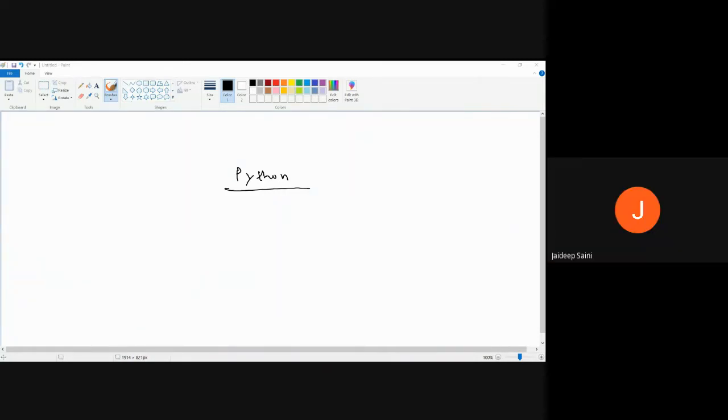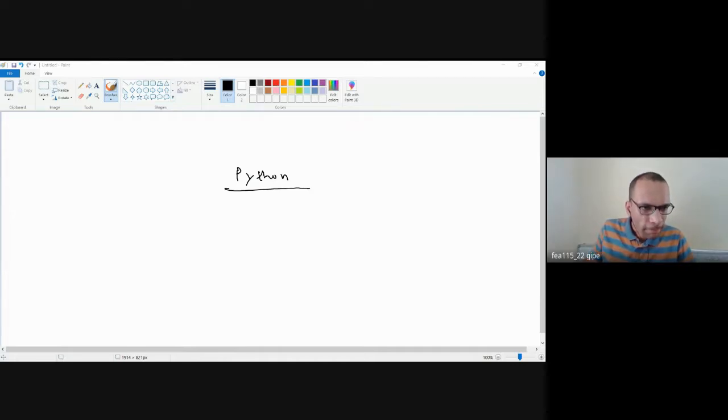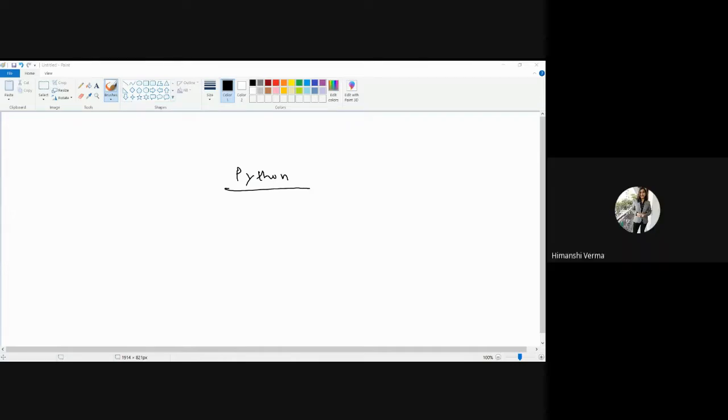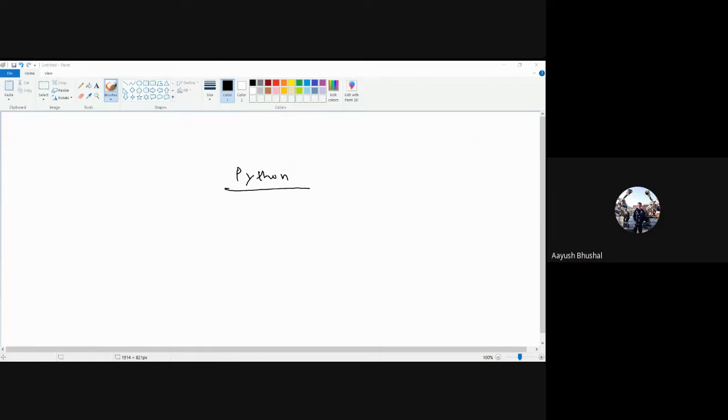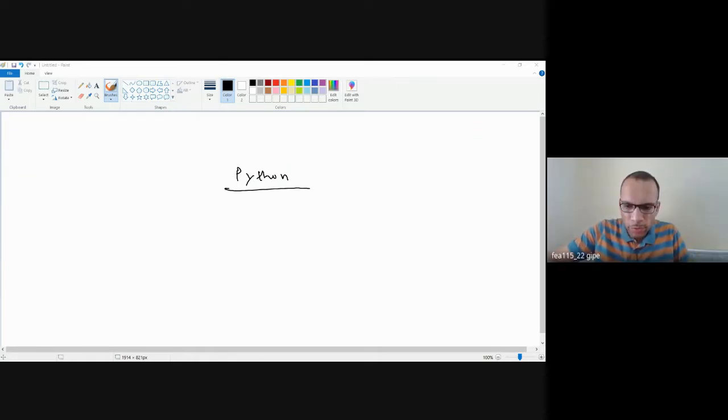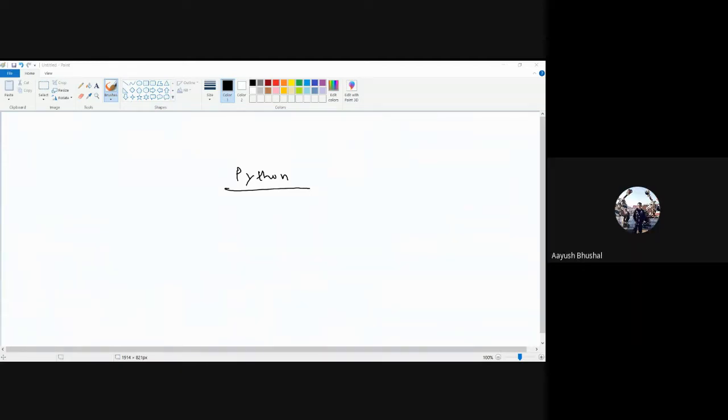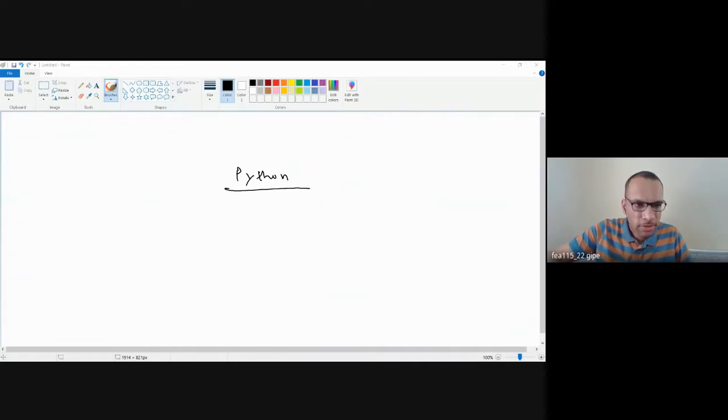Jaideep is there. Himanshi, Sharanya, Muskan Garg, Ruma, Ayush Bhushal, and Pratik are present as well.